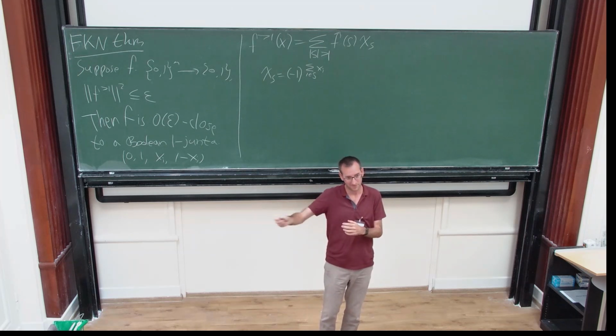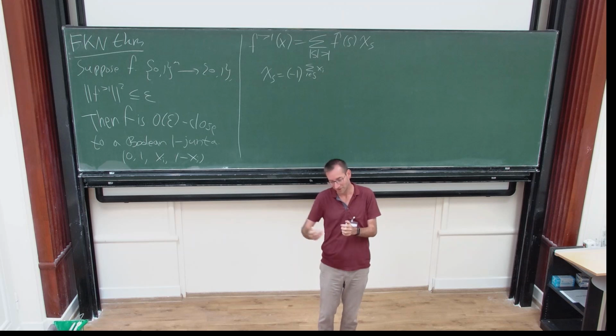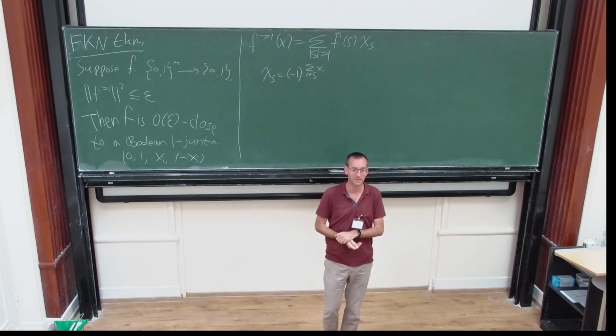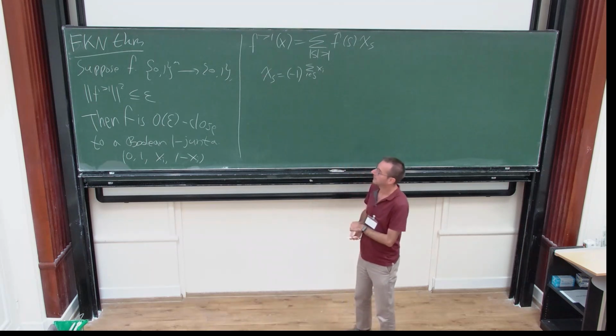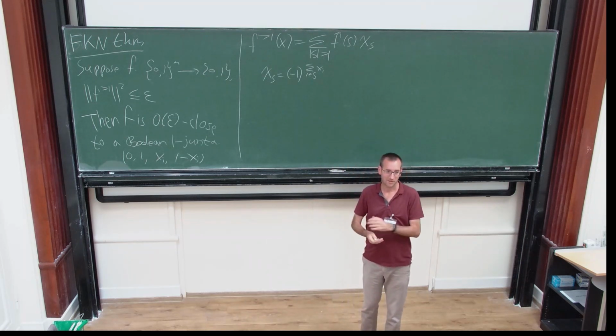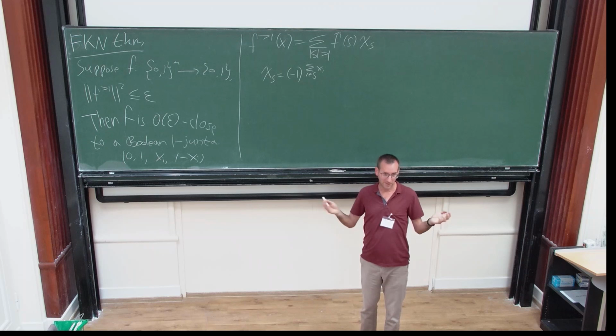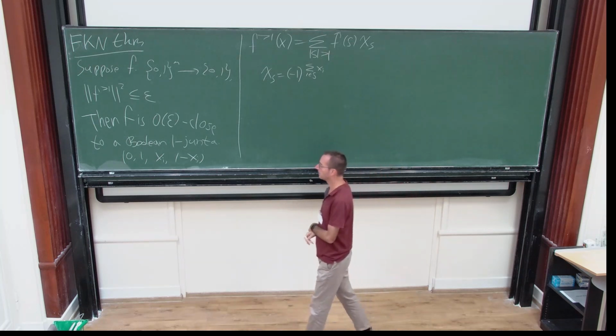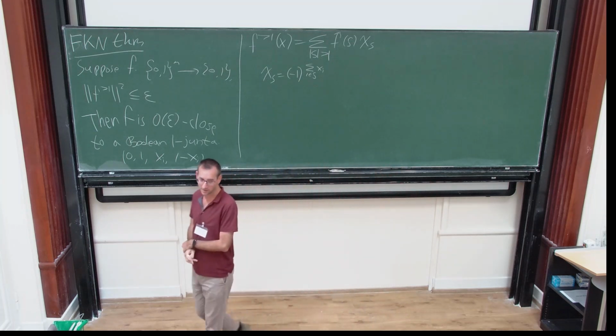The more direct inductive proofs are like in Guy Kindler's or in Christoph's paper and so on. In the original paper, they have a proof based on hypercontractivity, which is like the proof I showed, but instead of looking at the CDF, you look at some L2 or L4 norm, and you do it the same way. Okay, so this is the FKN theorem.